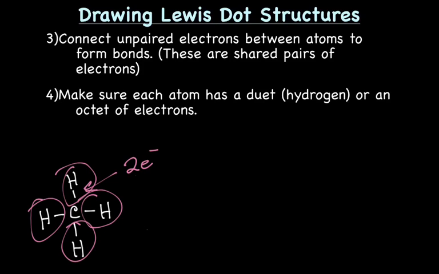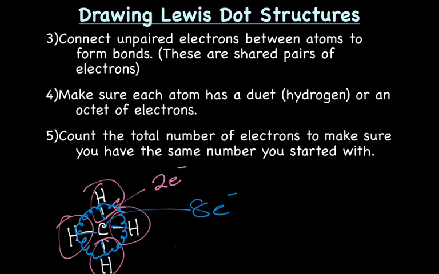He's good. Now, looking at the carbon, these lines also represent the electrons for carbon. So we have 2, 4, 6, 8. So carbon has 8 electrons. So he's good. So everybody now in the molecule follows the octet or duet rule, has noble gas configuration.